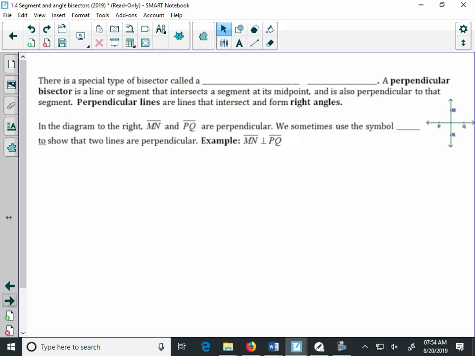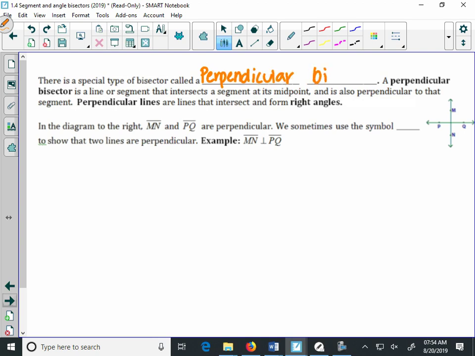Well, in geometry, there's a special type of bisector, and it's called a perpendicular bisector. Perpendicular bisector. I don't know what it means to be perpendicular. We talked about it a little bit in previous classes.